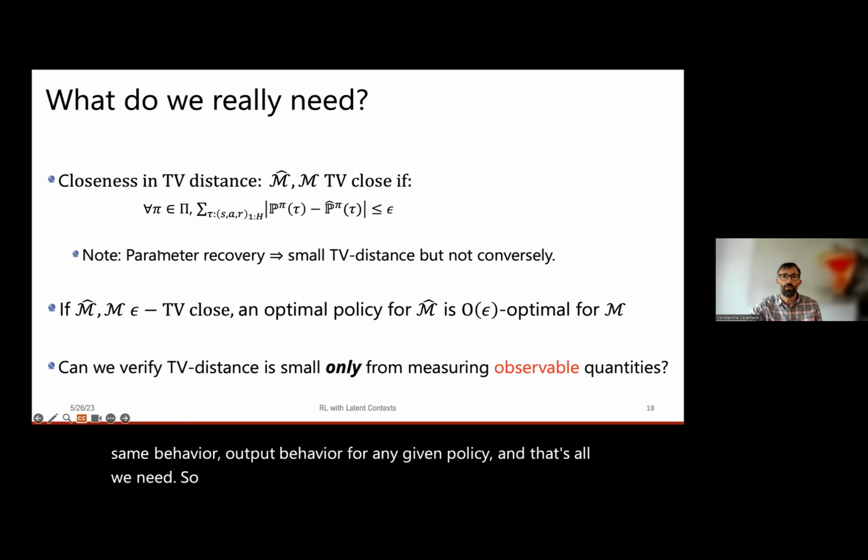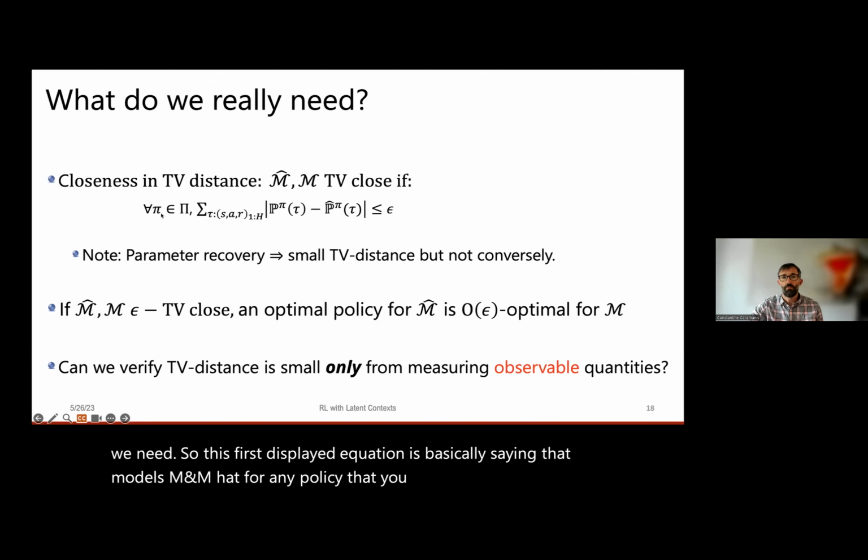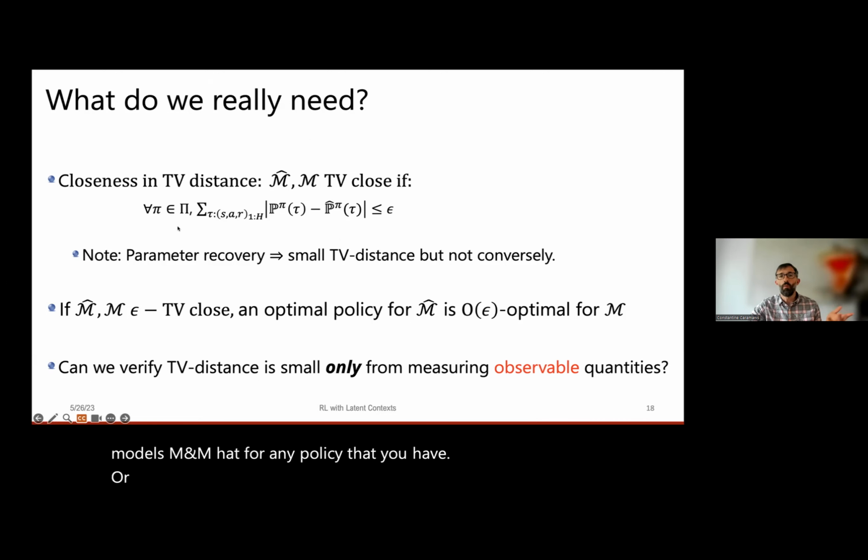So this first displayed equation is basically saying that models M and M hat, for any policy that you have, the probability that they'll take any given trajectory is going to be very close.